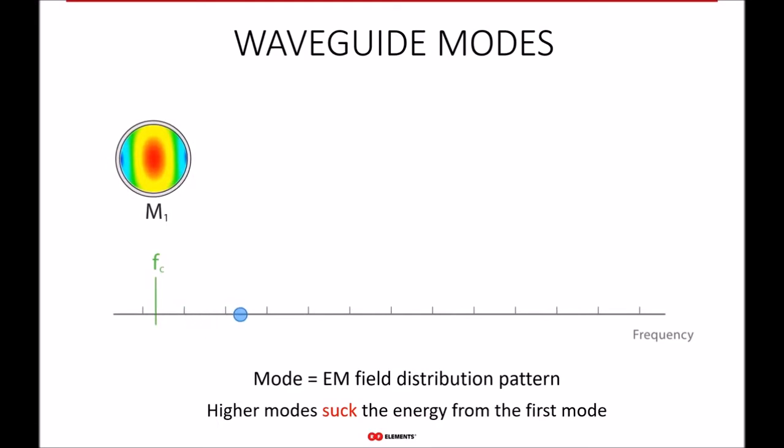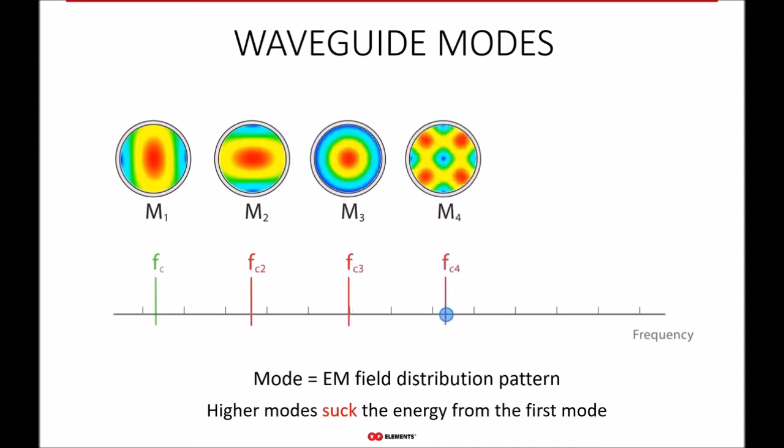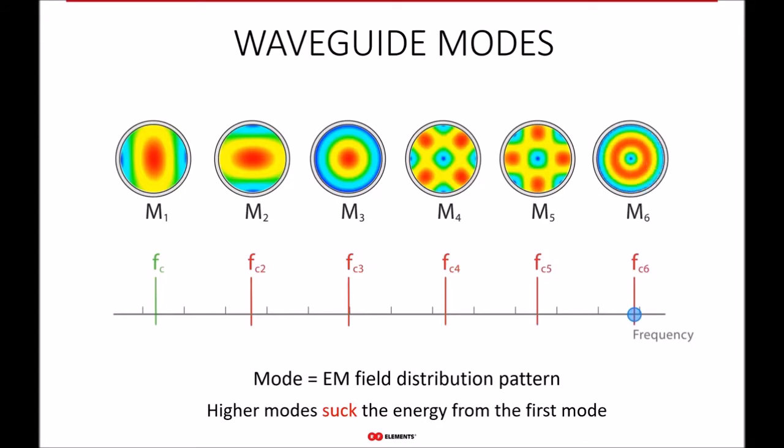The total energy of the RF signal which travels through the waveguide is actually distributed among all these modes, of course, depending on the frequency. So we can say that the higher order modes suck the energy from the first mode, since we usually pick up and work only with the first mode.